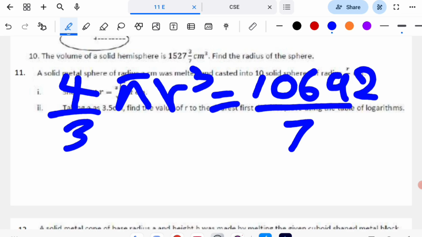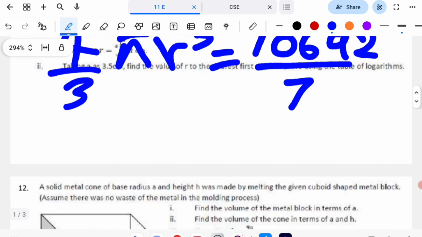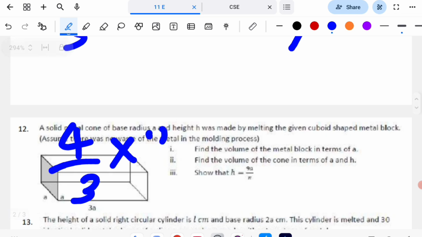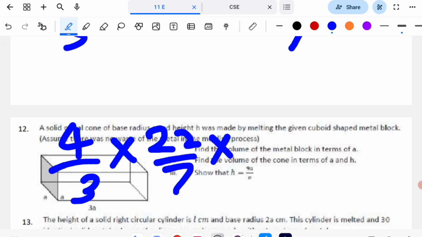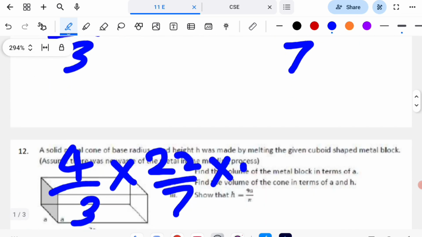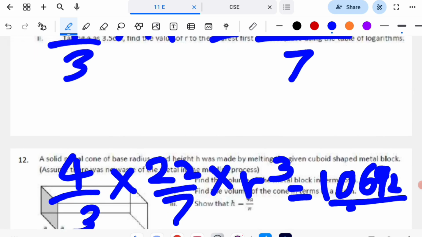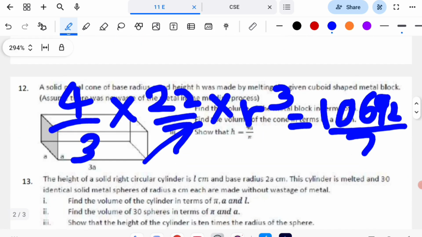Then we substitute the value for π: 4/3 times 22/7. Radius is the unknown. r³ should equal 10,692 divided by 7. We can cancel out 7 and 7.